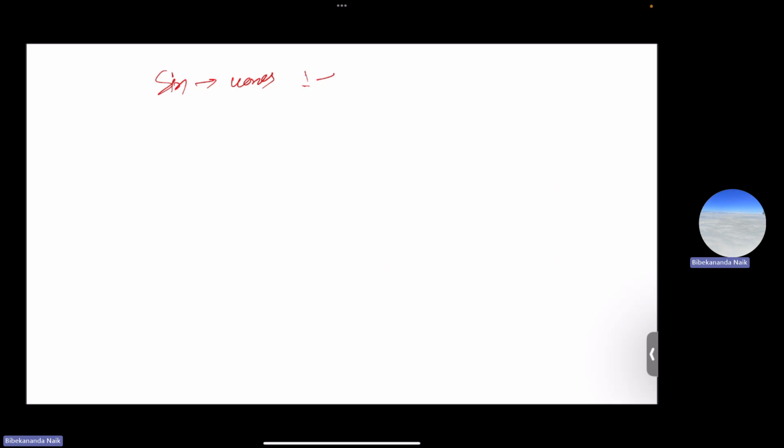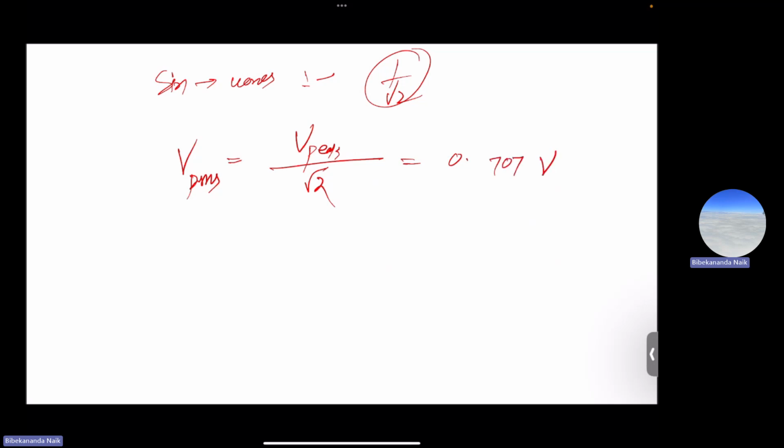So a 1 by root 2 factor will come into the calculation. So, V RMS is equal to V peak divided by root 2, which is 0.707 V peak. Similarly, I RMS is written as I peak divided by root 2.